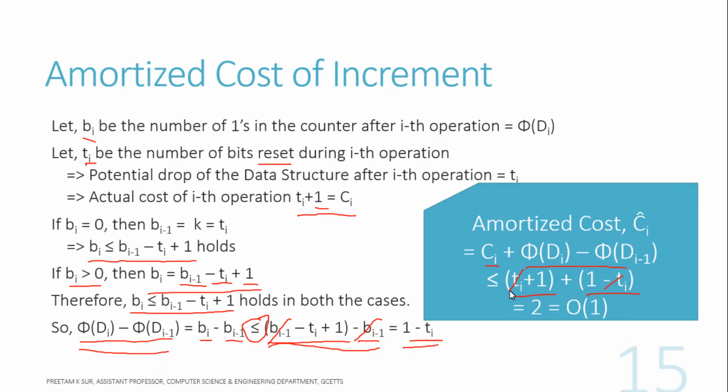Now in case of the binary counter we only have one operation, right? That is increment. So whatever be the value of i, the ith operation is going to be an increment operation. So the amortized cost of any ith operation is nothing but the amortized cost of the increment operation, which is order of 1.